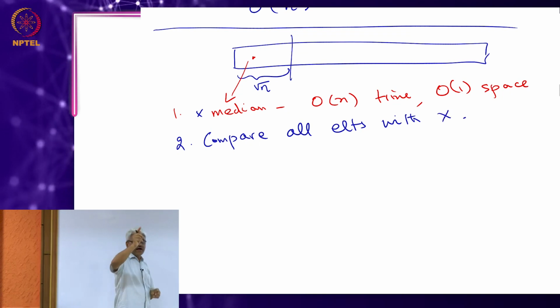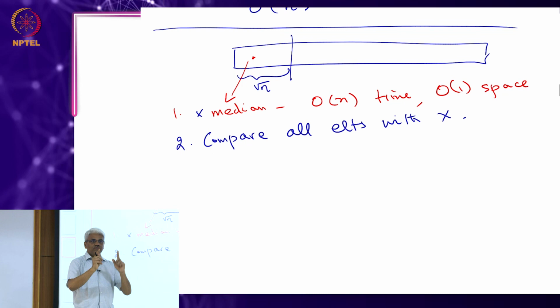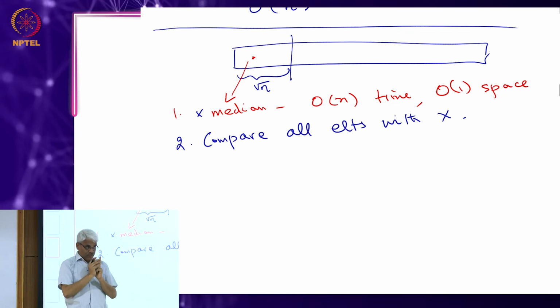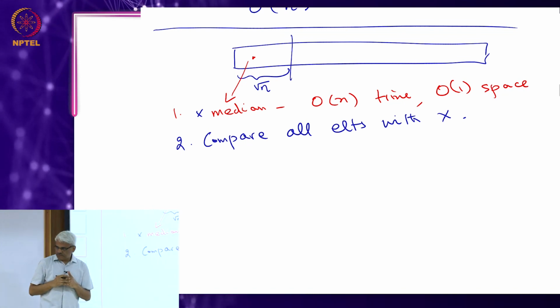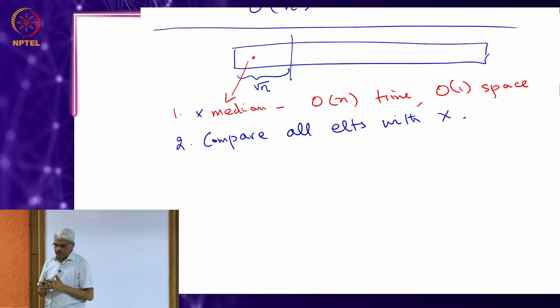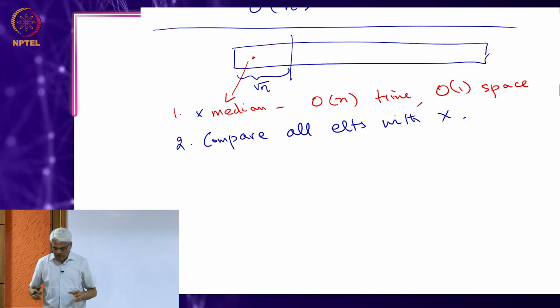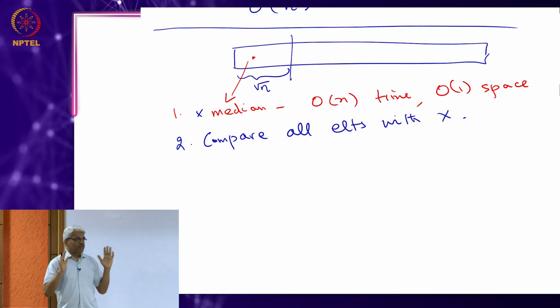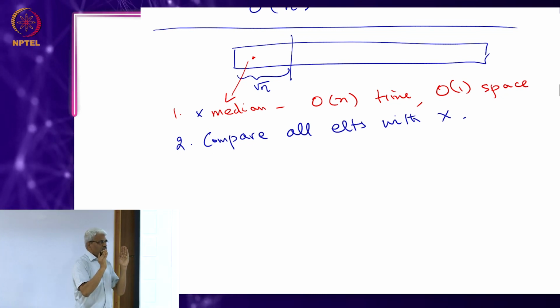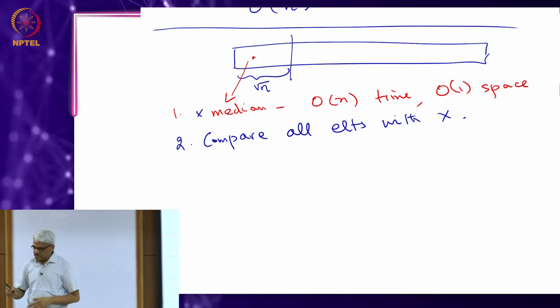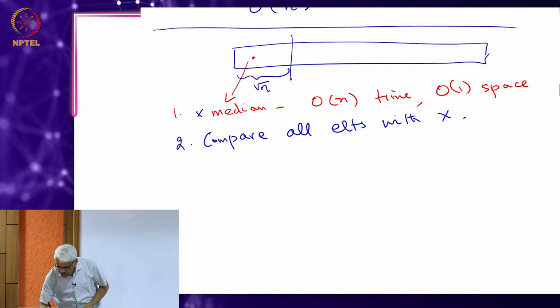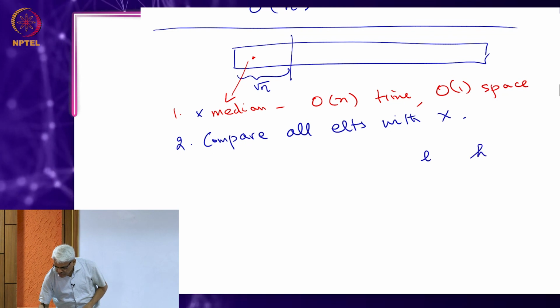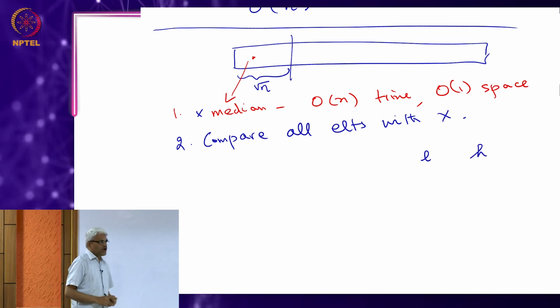Now I am going to apply some idea somebody was talking about, this low high business. At any point of time, the median element I am looking for is between some, let us say, low and high. So I remember these two elements.